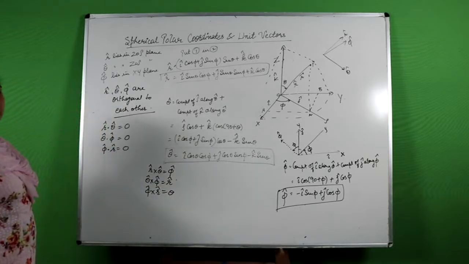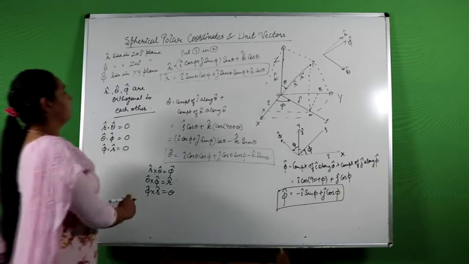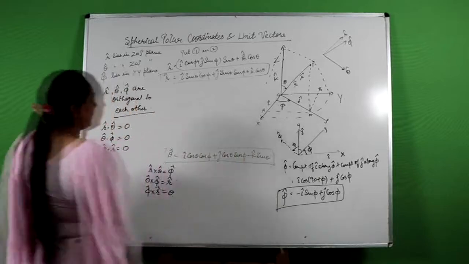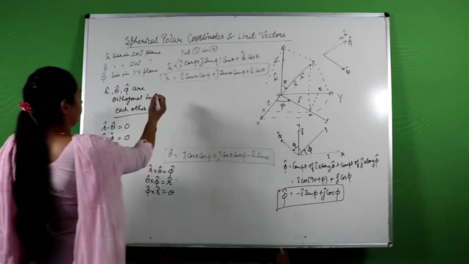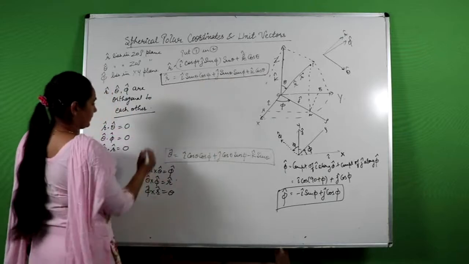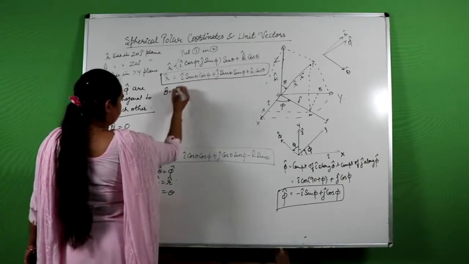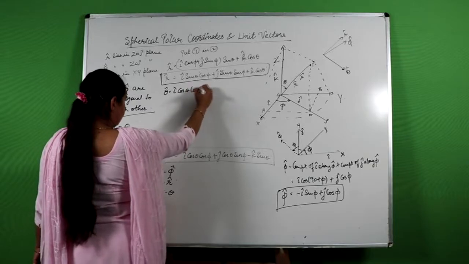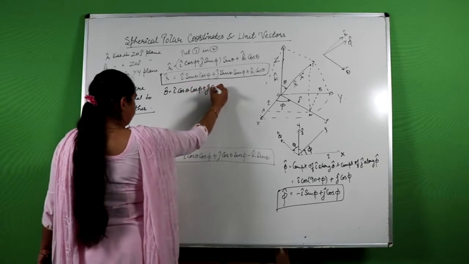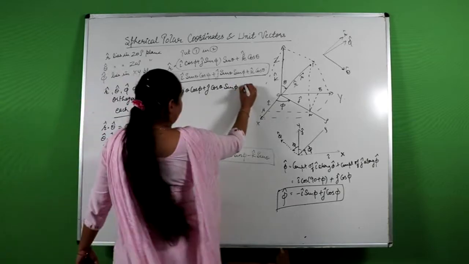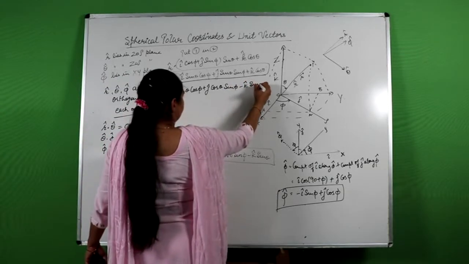Now since I have the values of r cap, theta cap and phi cap, I will clearly write all three values over here. This is my r cap. My theta cap value is i cap cos theta cos phi plus j cap cos theta sin phi minus k cap sin theta.